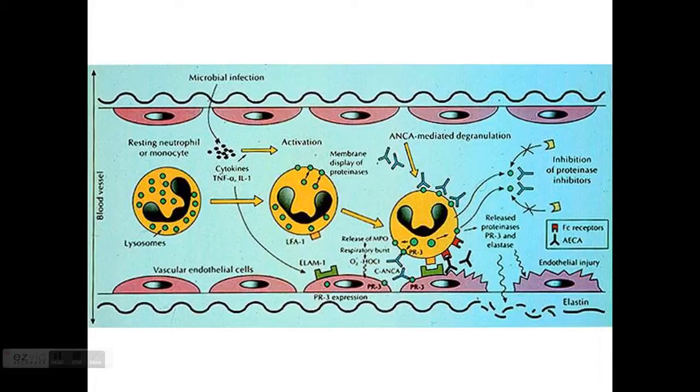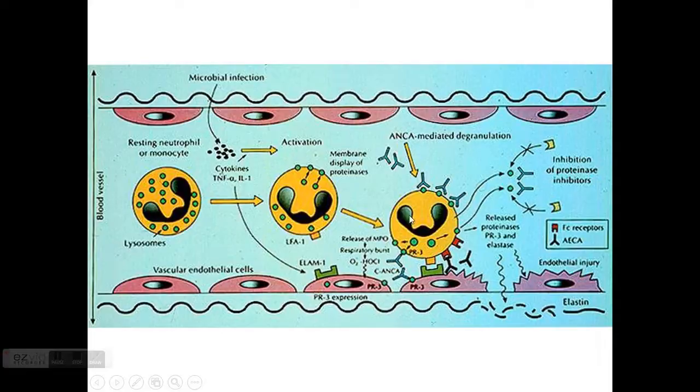In ANCA disease, the mechanism is still somewhat murky, but it seems that some people produce antibodies against different neutrophil cytoplasmic proteins. So basically, when a neutrophil gets activated, it degranulates these proteins like proteinase 3 or myeloperoxidase, and then those proteins get to the surface.